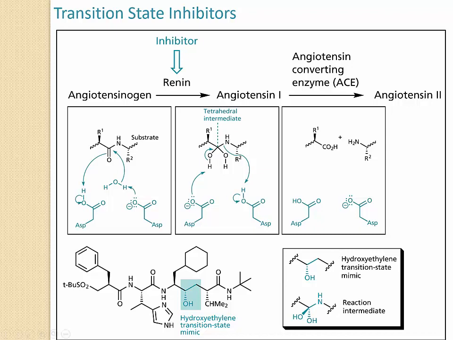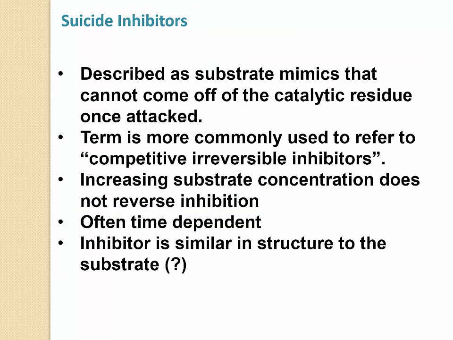The enzyme is toast. These inhibitors work at concentrations of 10 to the minus 15, which is femtomolar, whereas most drugs you're looking at picomolar to nanomolar. So minus 12 to minus 9, which means a transition state inhibitor is about 1,000 times more potent than that. They're ridiculously potent. Suicide inhibitors are also irreversible inhibitors. However, these are substrate mimics.